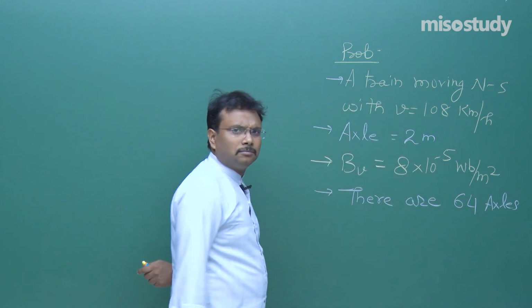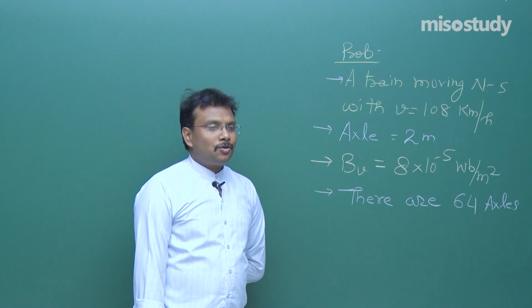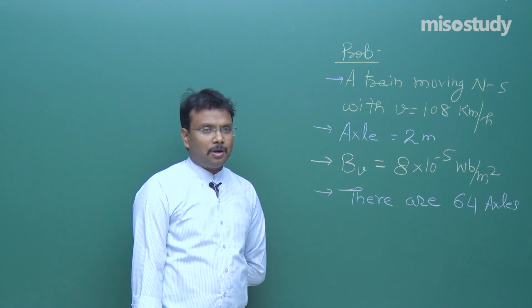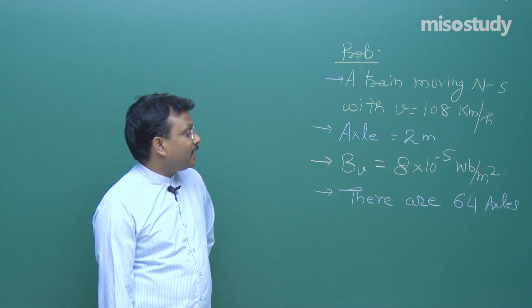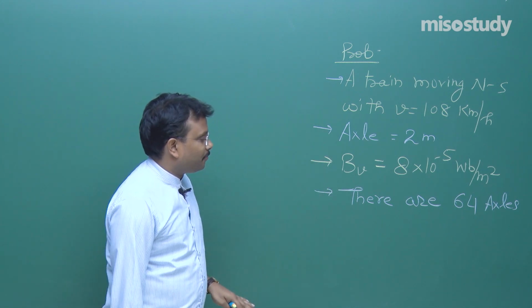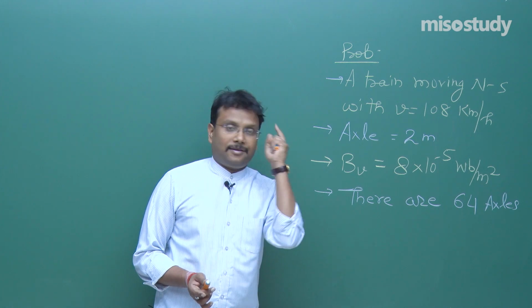Okay, 64 axles means 2 wheels per axle, so 64 means 32 wheels, 1 coach 4. So, it is like that, this many coaches. It may be a goods carrier. Fine. Now, the simple question is, what is the induced EMF on a single axle?